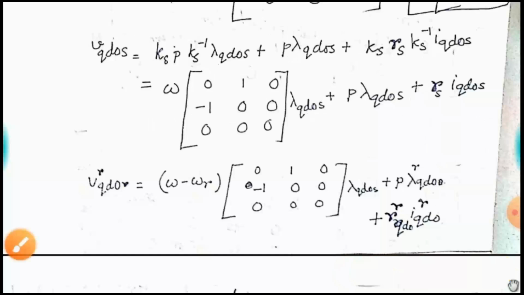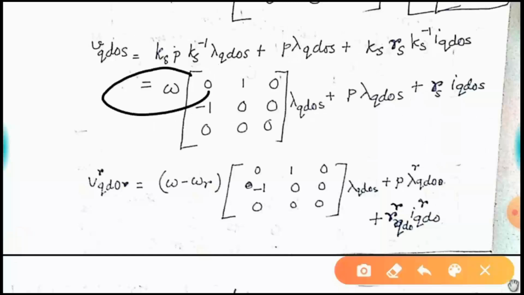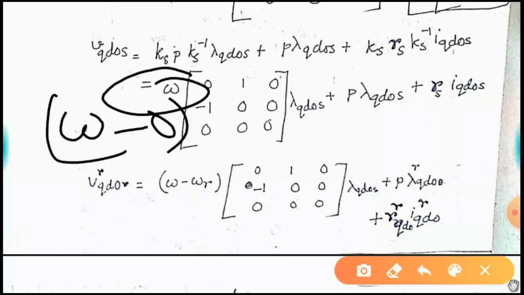Then here it should be omega minus 0, because this is your stator physical speed, or stator winding speed in space.